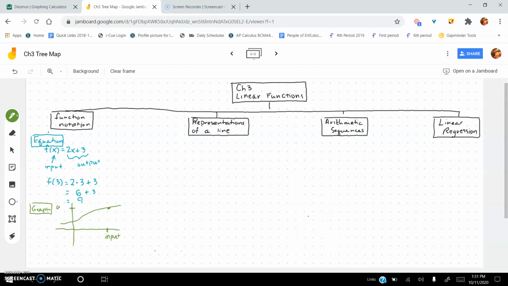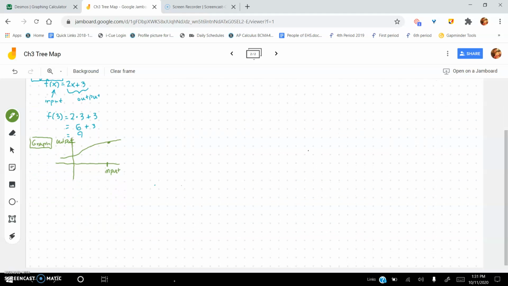So the inputs are the x-coordinates and the outputs are the y-coordinates. But I could also have my function given to me as a table. In a table, my input would be the x values of my table, and my output would be the y values of my table.